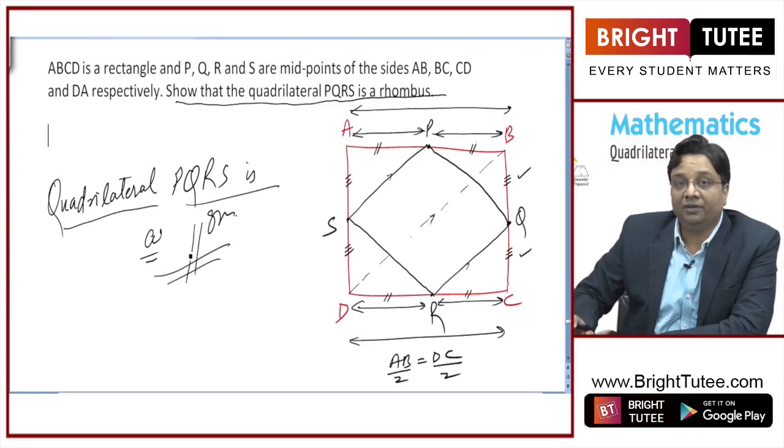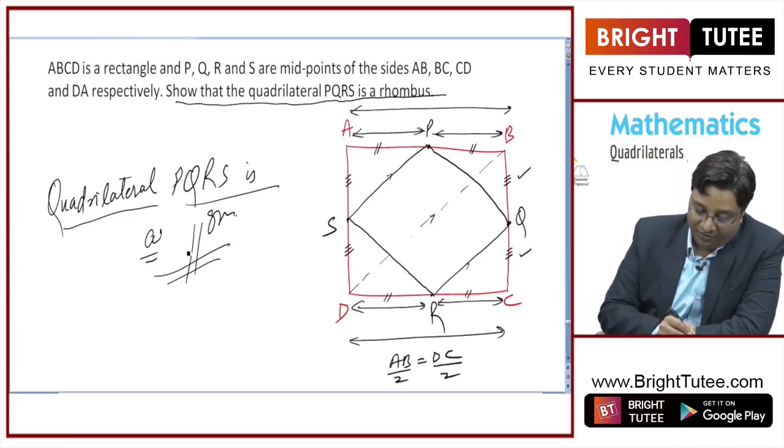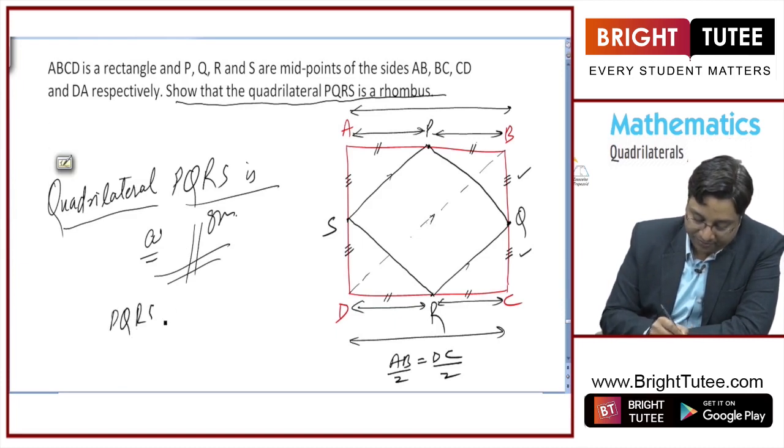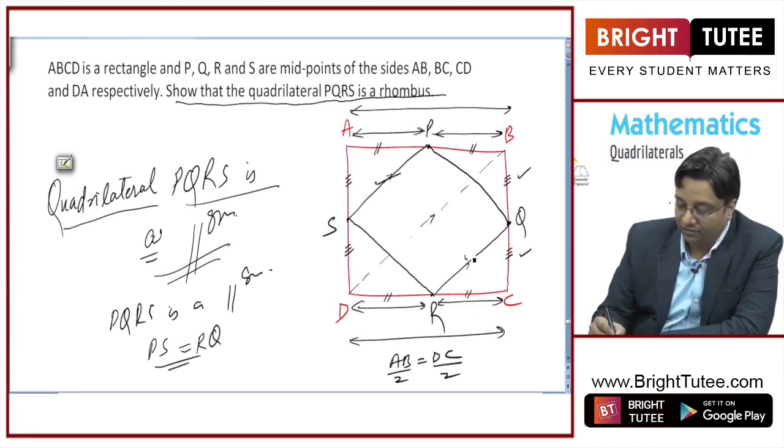So when would a parallelogram become a rhombus? If I can prove that all its four sides are equal. Now, when PQRS is a parallelogram, I already know that PS is equal to RQ, right? Opposite sides are already equal.